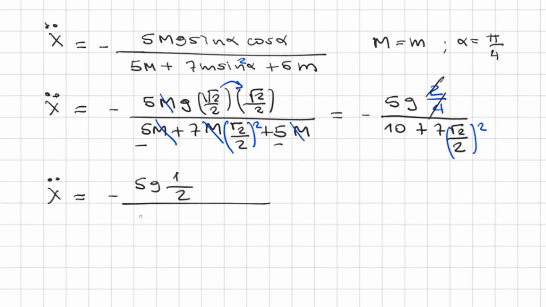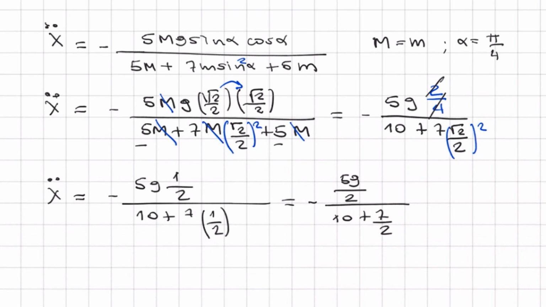This is 10 plus 7 multiplying 1/2, and this is equal to minus 5g dividing 2 dividing 10 plus 7 half.